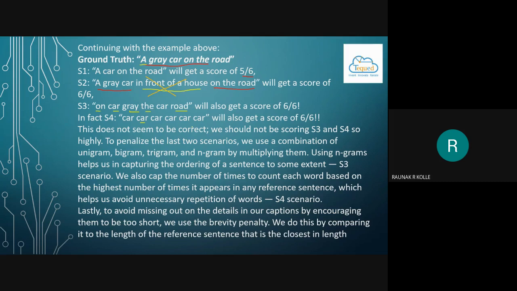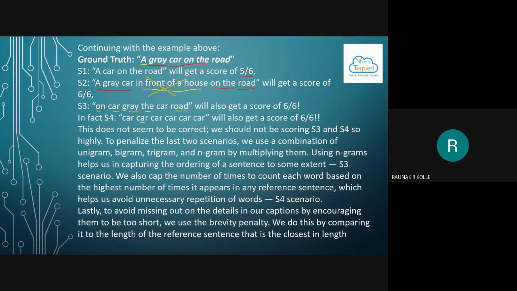To penalize the last two scenarios, we use a combination of unigram, bigram, trigram, and n-gram by multiplying them. Using n-grams helps us in capturing the ordering of a sentence to some extent.